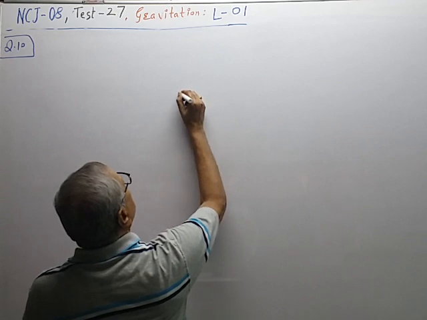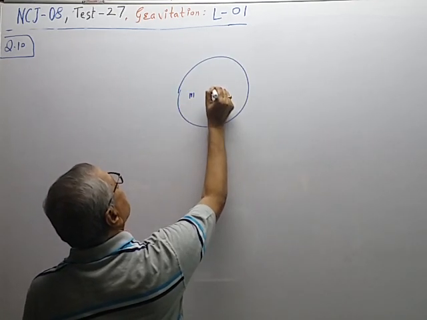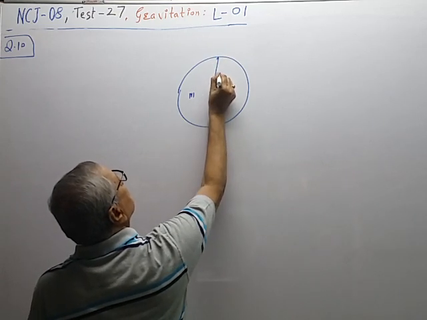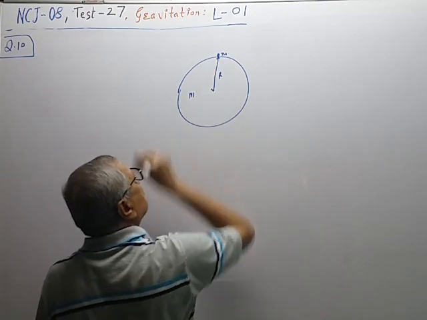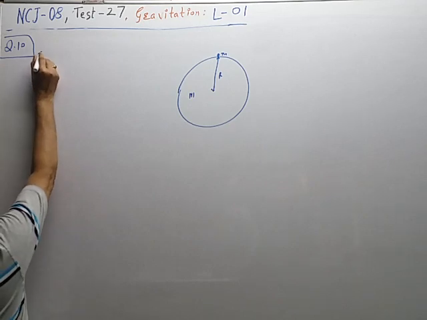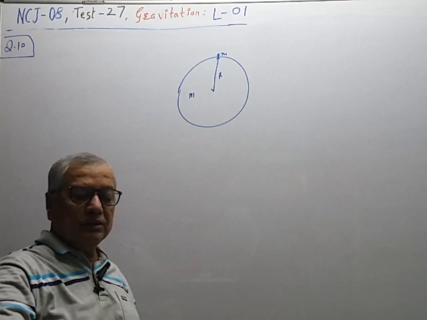So, this is the planet of mass M. This is the radius R, and this is the body of mass m. The condition is given like this.